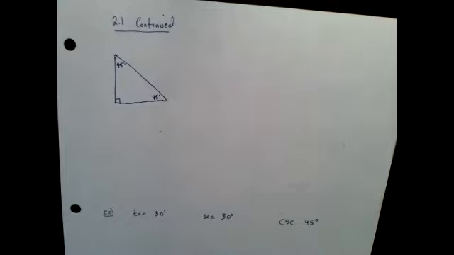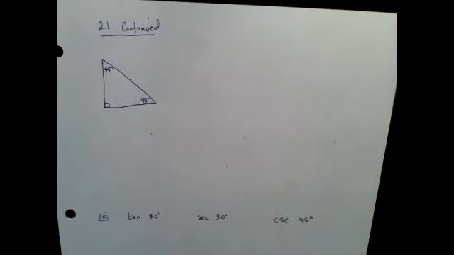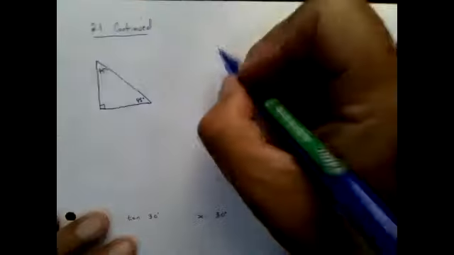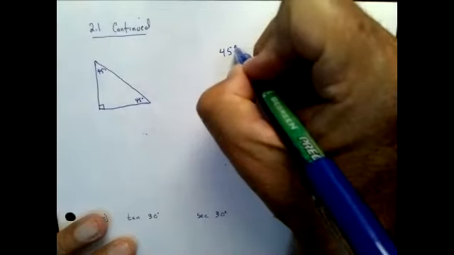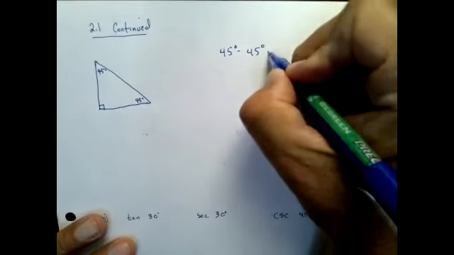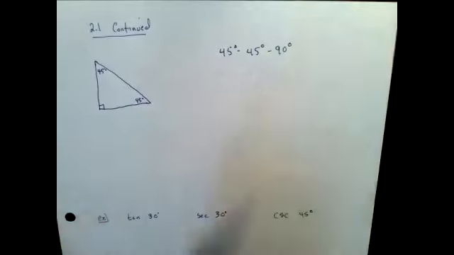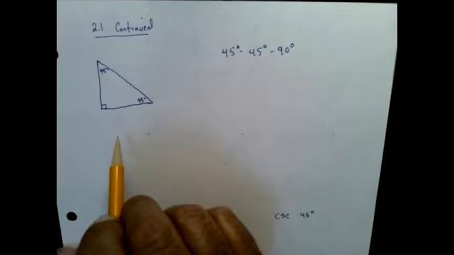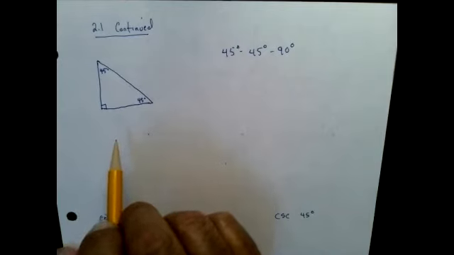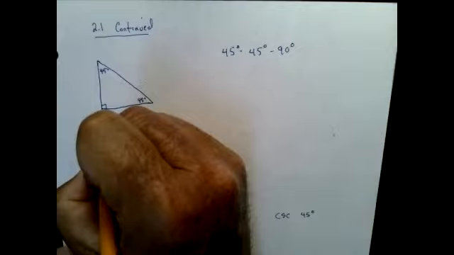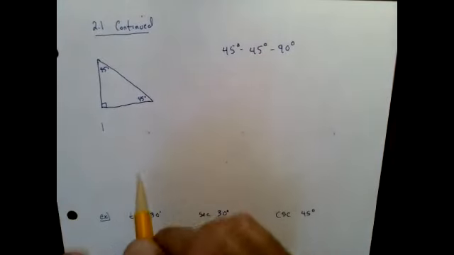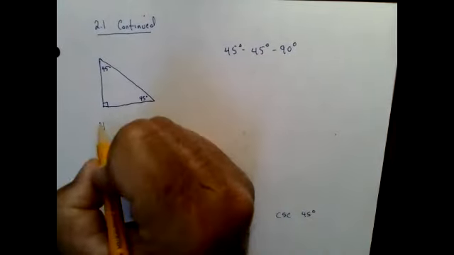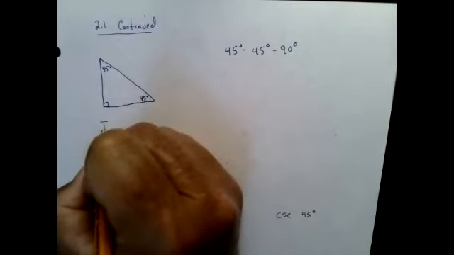The second special triangle is one that's called a 45 degree, 90 degree triangle. 45, 45, 90. When I look at this triangle, it has a name as well. The last one was called equilateral. This one is called isosceles.